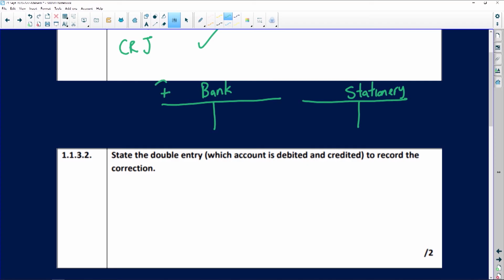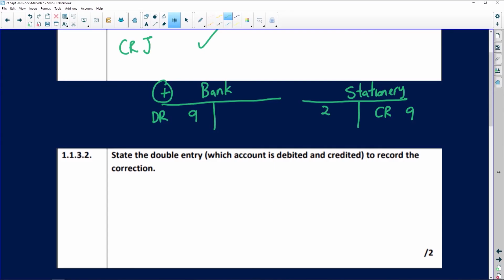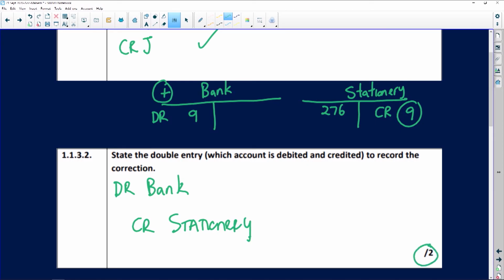So we now need to debit our bank account with the 9 Rand, which means stationery must be credited with the 9 Rand. Because remember, you would have also overstated stationery. Whatever that amount was, I think it was 276. Okay, so it was 276. So you've got to now credit, you've got to remove 9 Rand from stationery. So debit bank, okay, and you are crediting stationery. That's what you purchased. Okay, and this was for 2 marks.